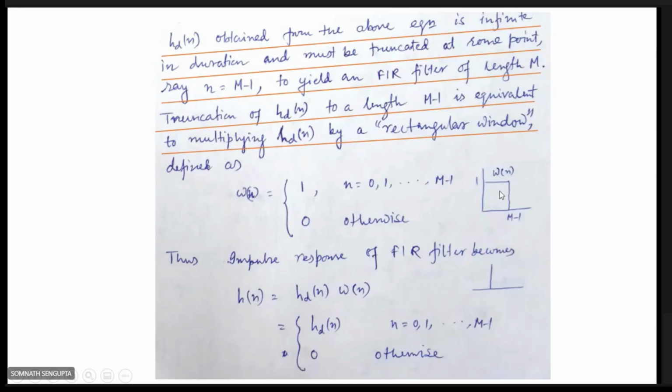It is not continuous, it is actually discrete. That will give you the impulse response of the particular filter that we want to design. So h(n) is equal to h_d(n) times w(n), where it is equal to h_d(n) for n equal to 0 to m minus 1, and 0 otherwise.